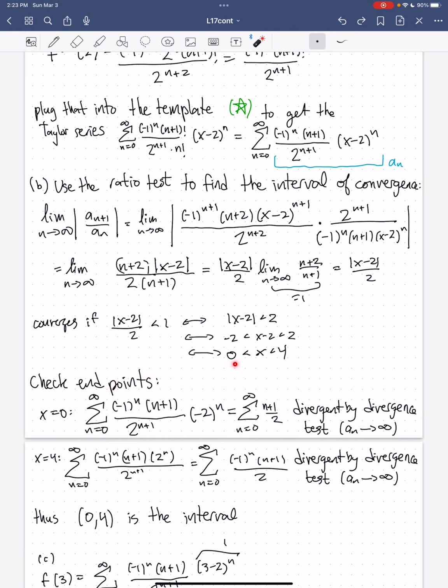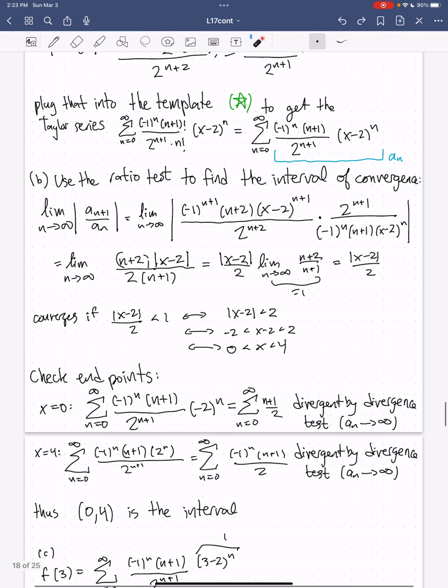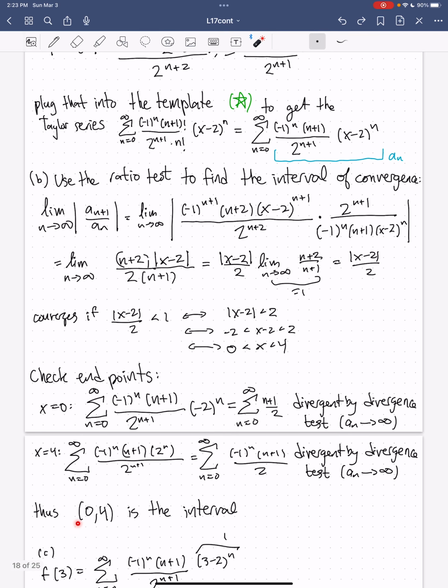So that's why we have to check 0 and 4. Both of them end up giving us things that have n on the top, so clearly the general term of the sequence will go to infinity, so both are divergent. So we can conclude that the interval is just 0 to 4.